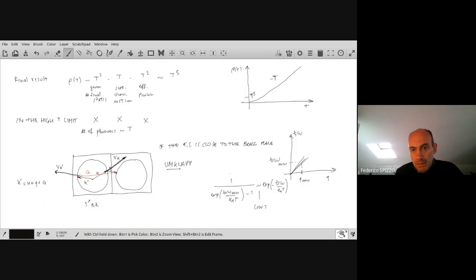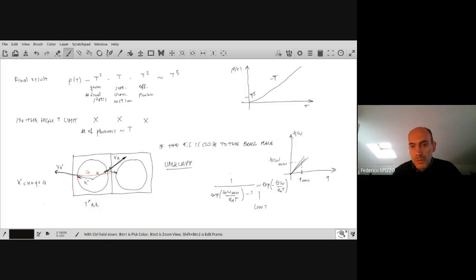Umklapp, apart from meaning folding or ripiegamento, is the representation of a situation where we need to use a vector belonging to the reciprocal lattice, so to fulfill the momentum conservation and to have the final momentum represented in the first Brillouin zone.